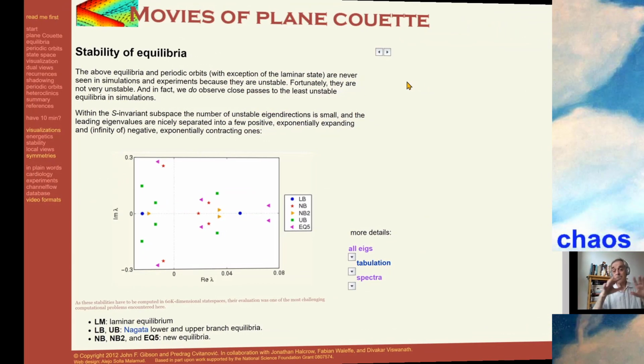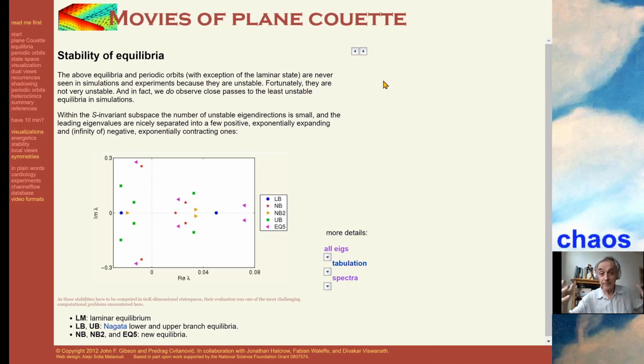We have found equilibria, so exact solutions of Navier-Stokes equations that describe fluids in 64,000 dimensions. And if you compute velocity stability matrix, this is 64,000 by 64,000 dimensions, a big matrix.